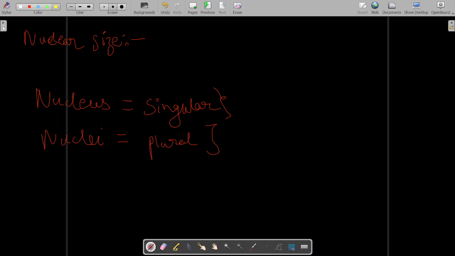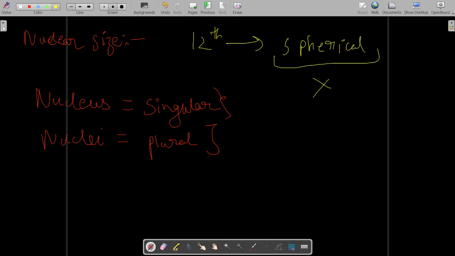Now, what did you learn up to the 12th standard? You learned that nuclei are spherical in shape, but that is a wrong concept. You will come to know that some nuclei are prolate and some are oblate, and some are spherical.